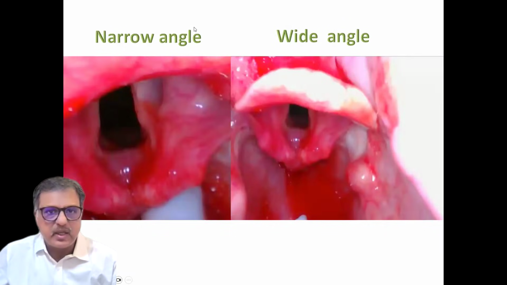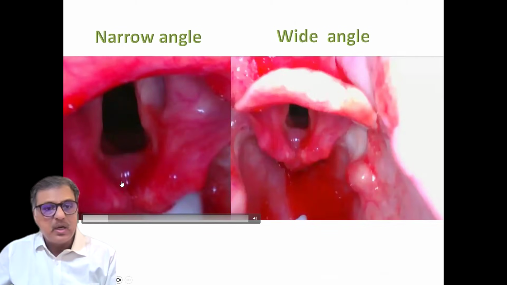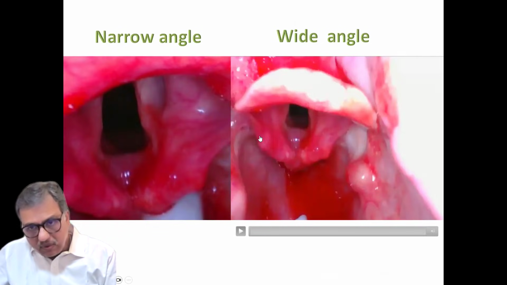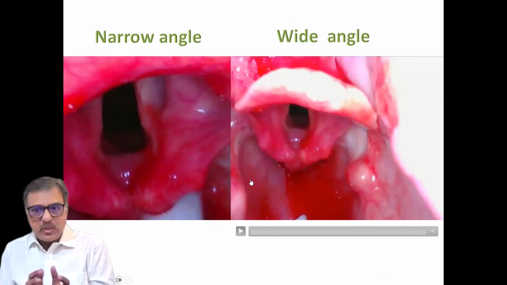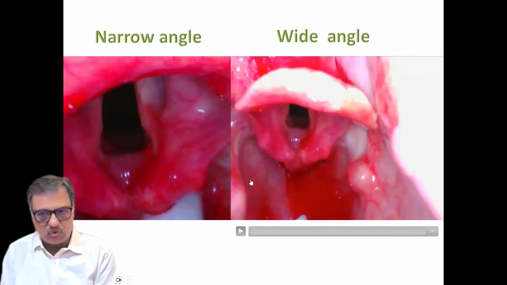Look at this. With the narrow angle camera, you get a good POGO scoring, but you will not be able to see the adjacent structures. While in a wide angle camera, we'll be able to see the larynx completely along with the adjacent structures. When you are looking at the adjacent structures, it decreases the chances of trauma.